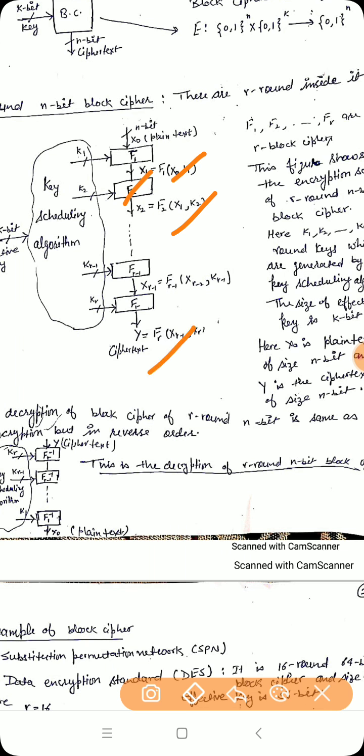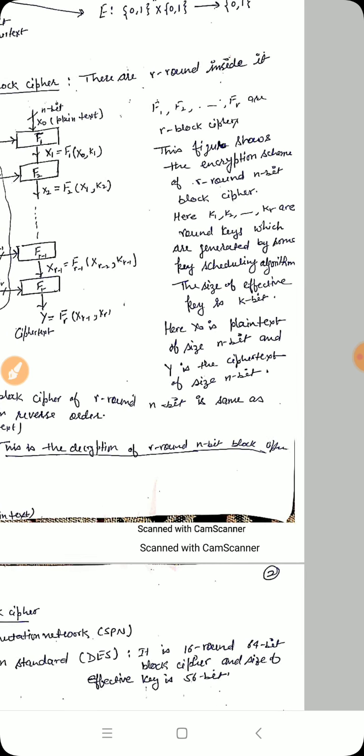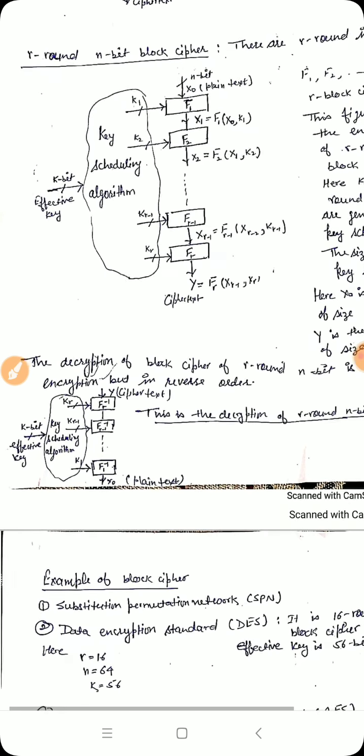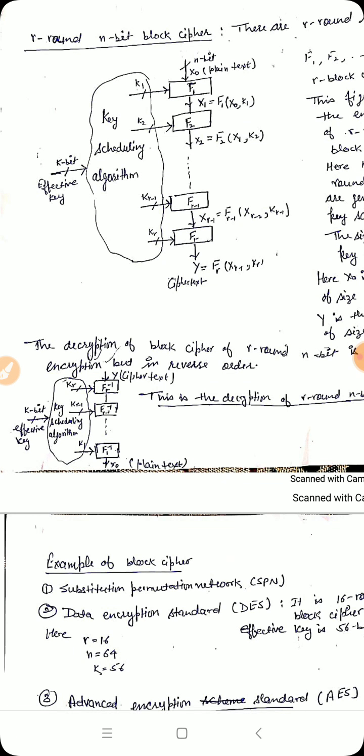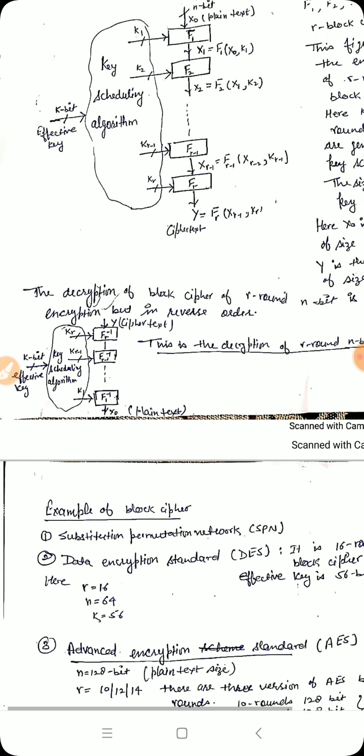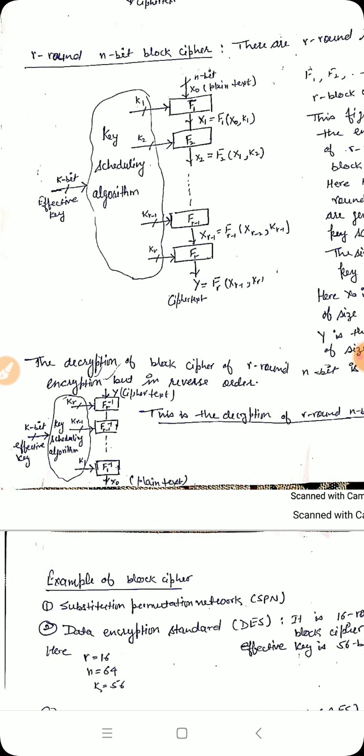Similarly, the ciphertext which comes out from the Rth round is Y, which is a function of X(R-1) and KR. So this is the basic structure of an R-round n-bit block cipher, and the decryption of the block cipher is the same as the encryption but in reverse order.